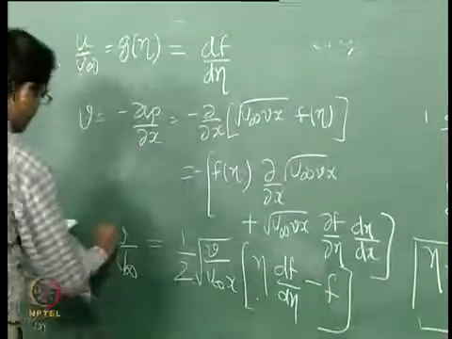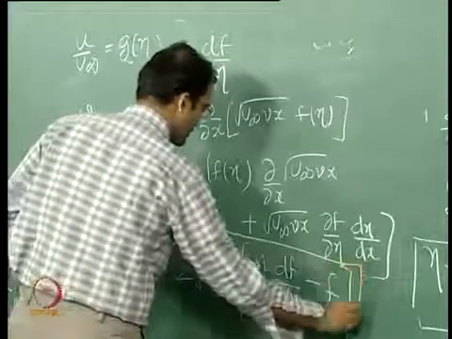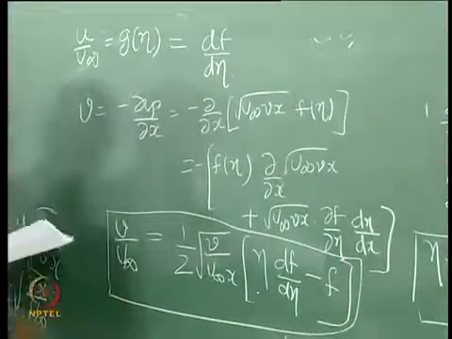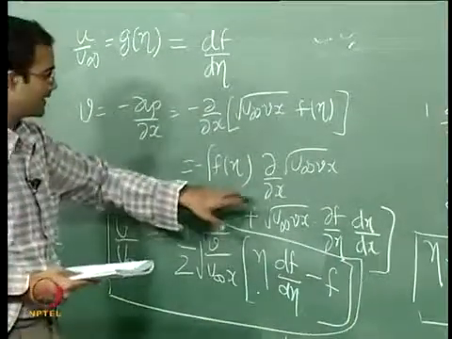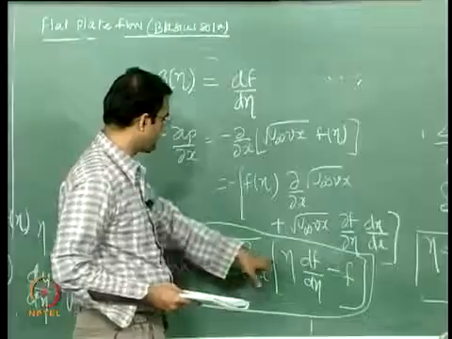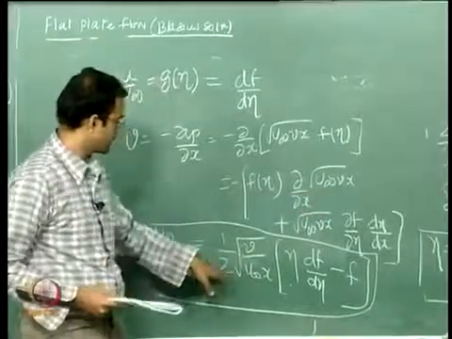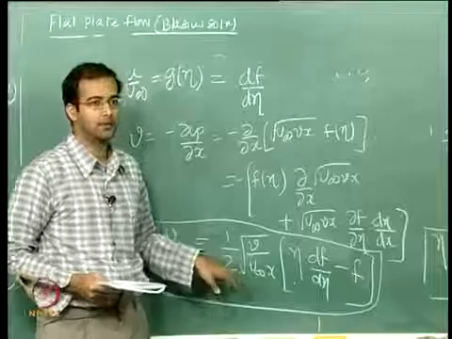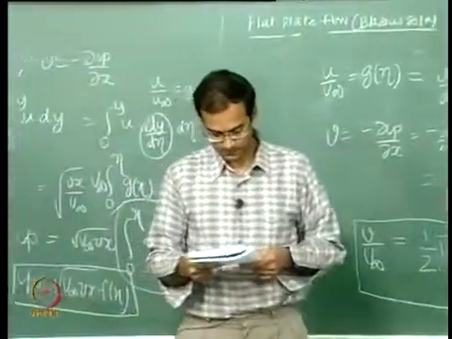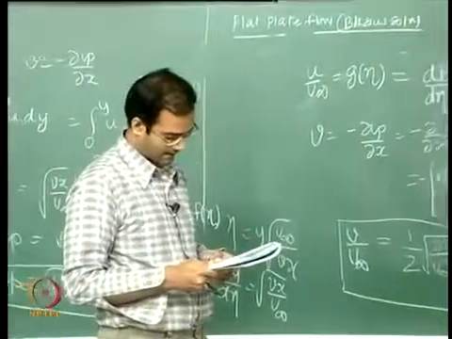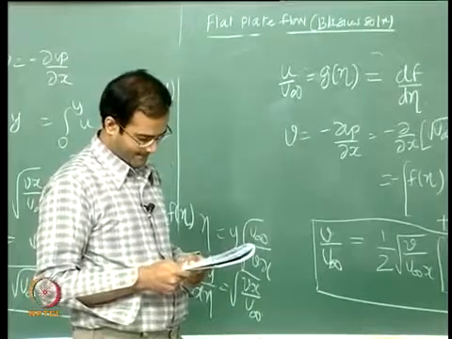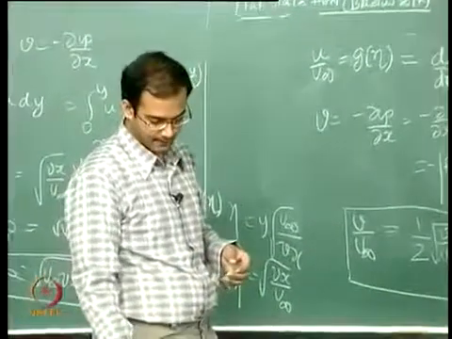So you can check for yourself, it's a little bit of jugglery, so you can cast this in terms of eta and check whether this particular form comes out. You have to play a little bit around there. So with that we will stop here.